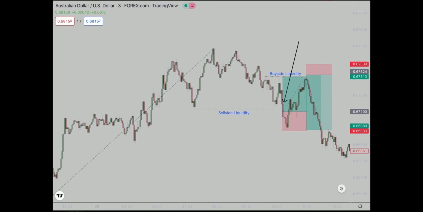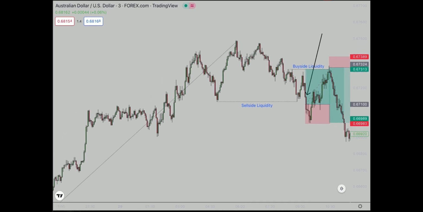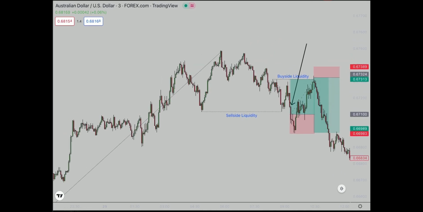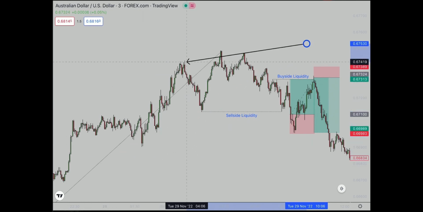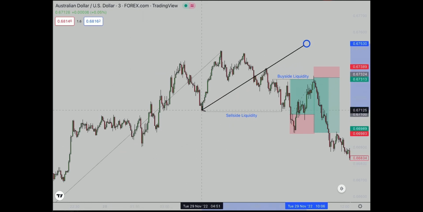Okay, so let's get back to the point of market structure. We see this low, which is the higher low of the uptrend. As I told you, if this gets taken out, you want to change your narrative to bearish.